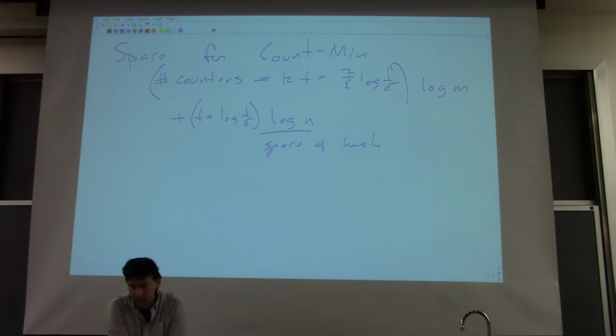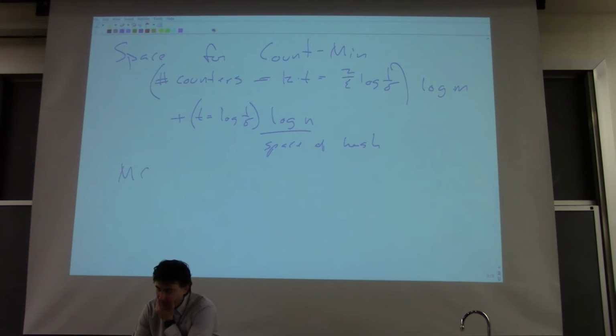Okay, so how does this compare to the Misra-Gries sketch? Is it more or less than the Misra-Gries sketch? The MG sketch used 1 over epsilon times log n plus log m.